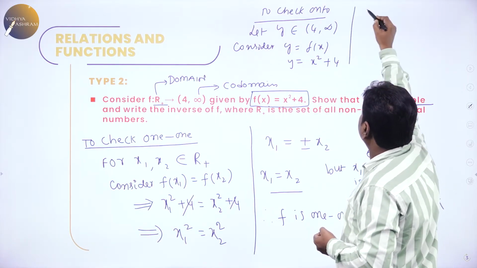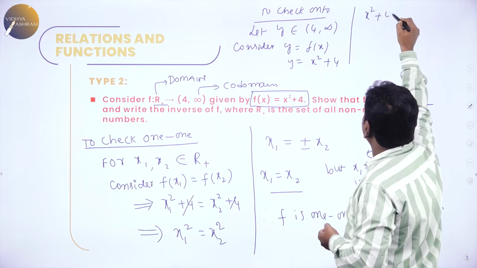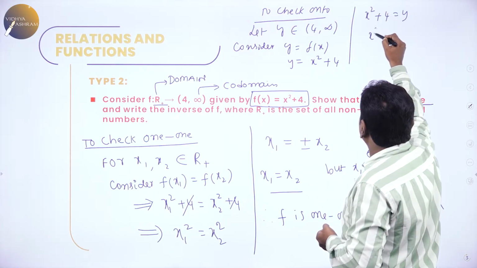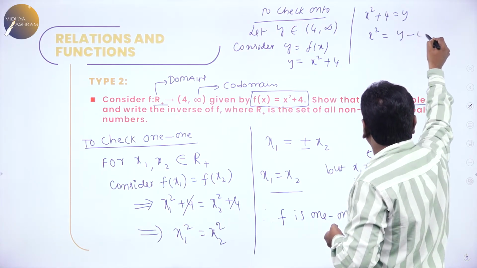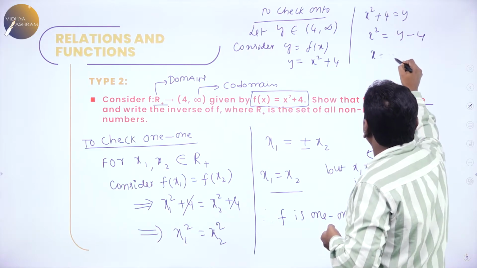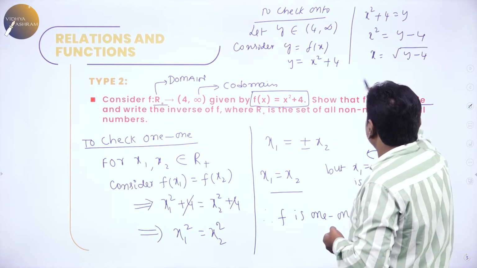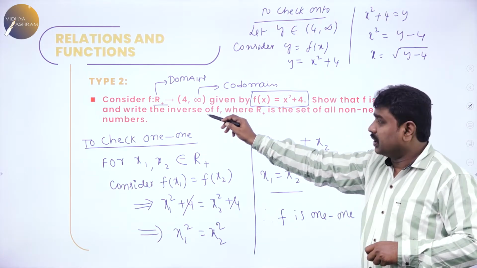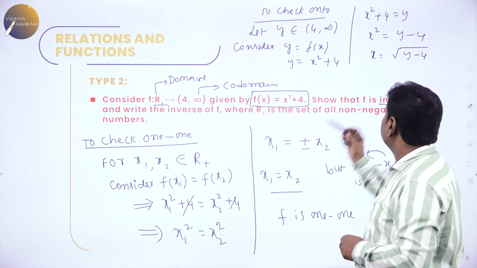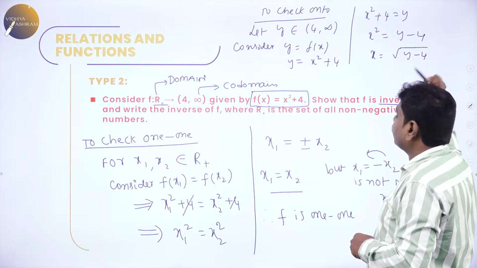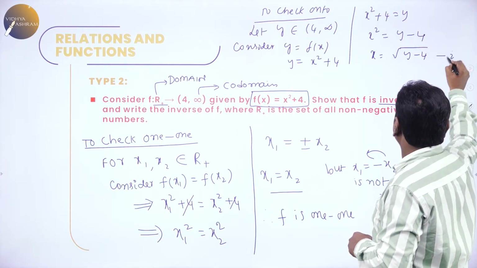So now rearrange, x square plus 4 is equal to y, or x square is equal to y minus 4, or x is equal to root of y minus 4, plus or minus, but I will take plus because our domain is positive real numbers. So I will take x is equal to root of y minus 4, positive, call it equation 2.